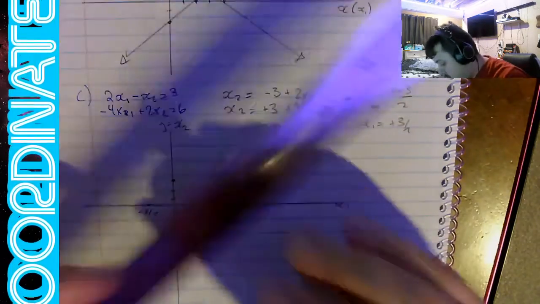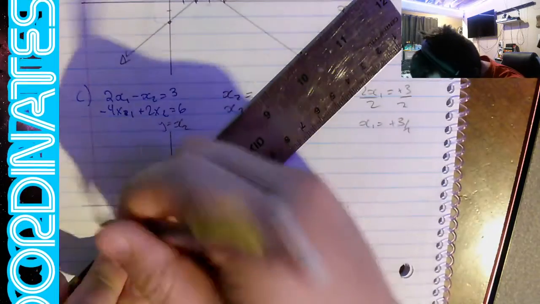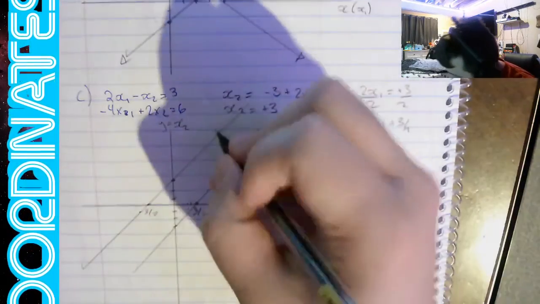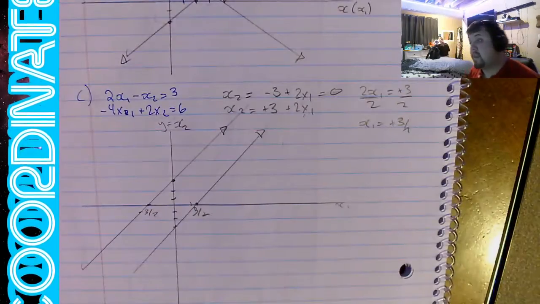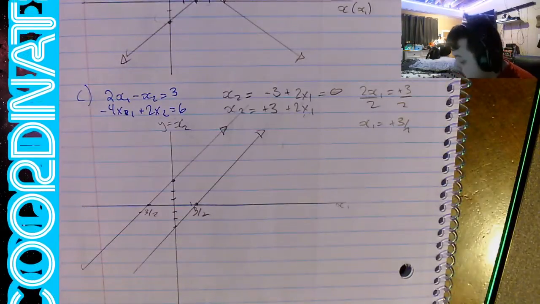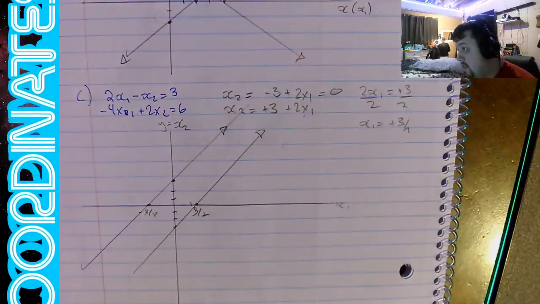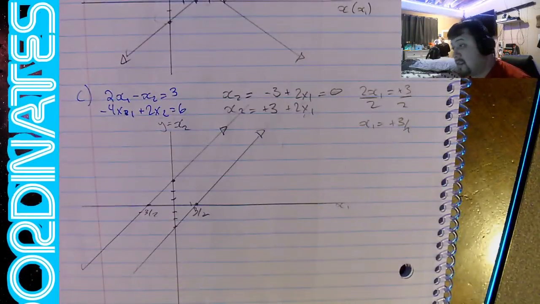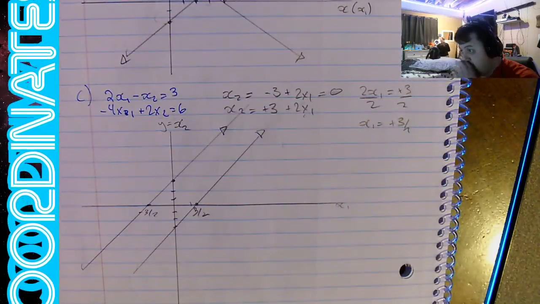And again, we make the line, and would you look at that? I was right. Parallel. They never touch each other. They don't have solutions. And that is a good point of graphing. Graphing can be really strong for visualizing and helping you solve something.